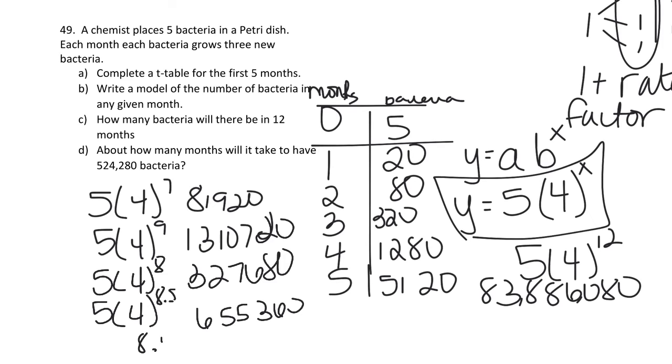So let's try 8.4. Actually, let's try 8.3. 8.3 was 496,000, and so I need to go higher than that.